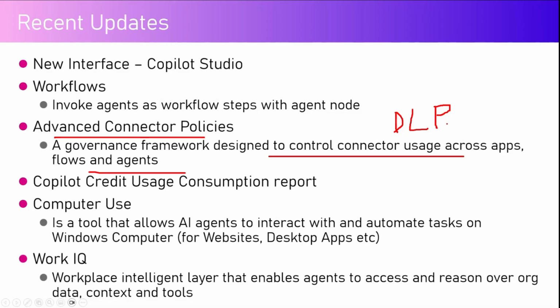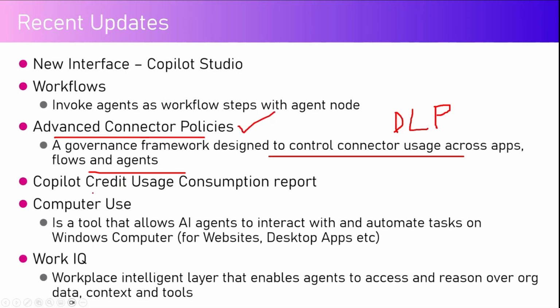Now there is a new concept, advanced connector policy, which is much more streamlined and flexible. This governance framework is again designed to control connector usage, but in a better way. You can currently use both the data policy as well as ACP, but I think over a period of time, we will be switching directly to ACP.